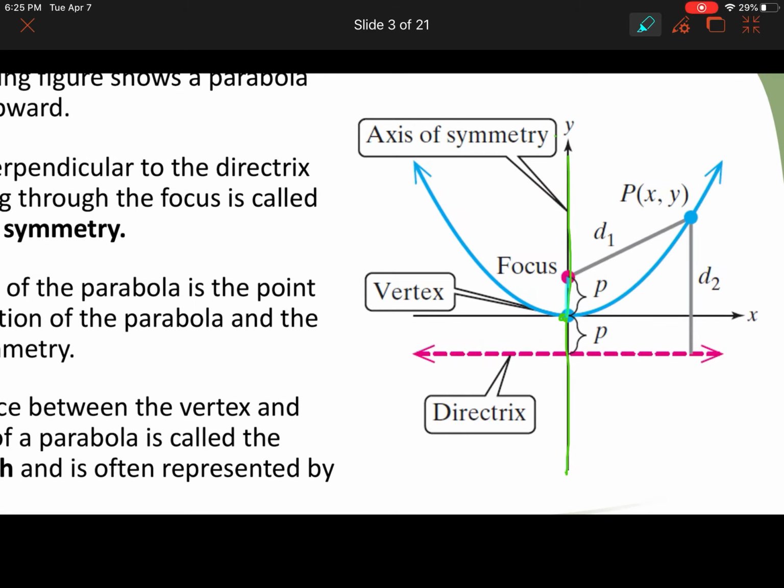That's P. It is also the distance from the vertex to the directrix, because they have to be the same. Any point on the parabola, and the vertex is on the parabola, is the same distance from the focus as it is from the directrix. So those two are both P, as it shows right here.